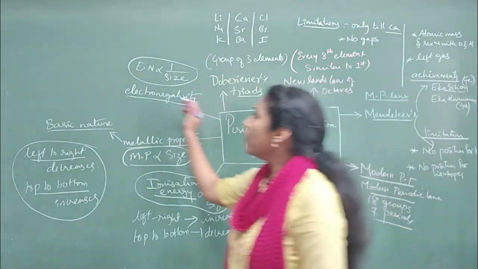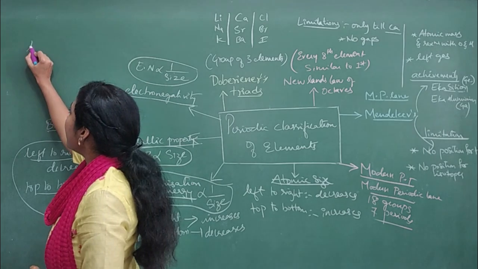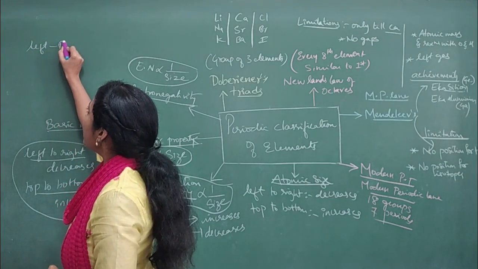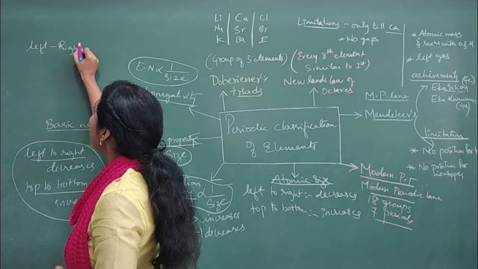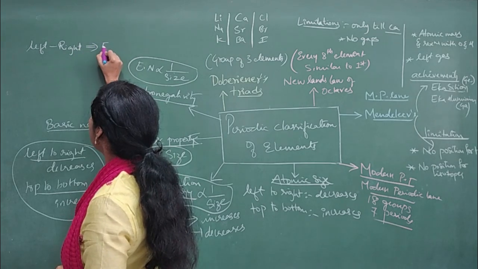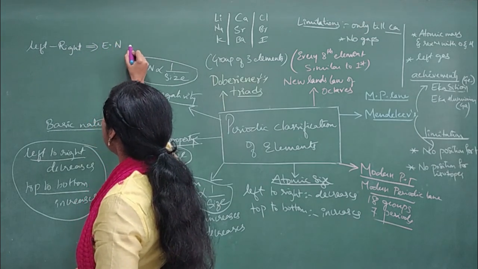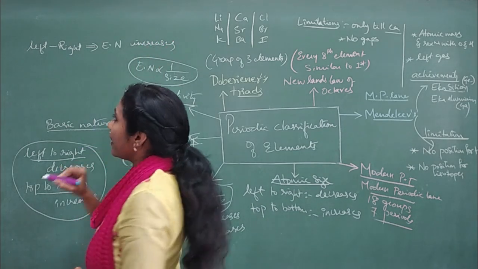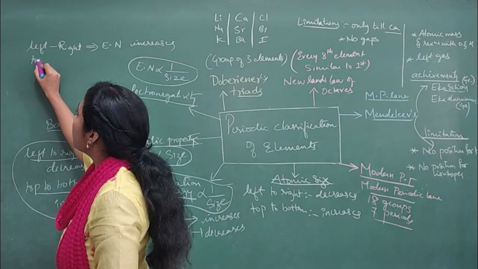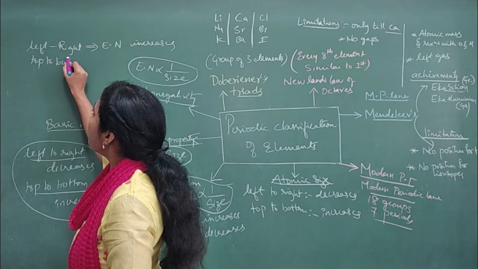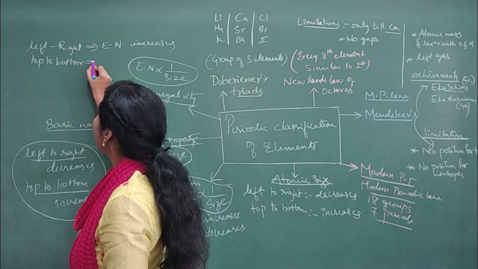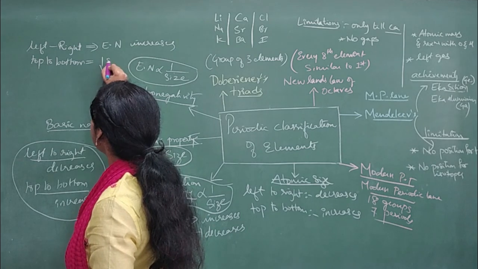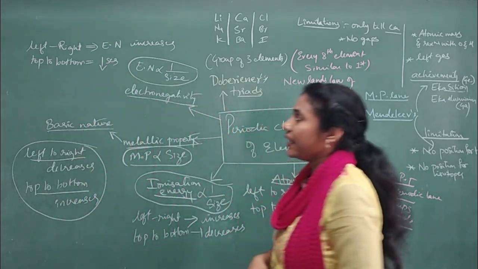So for electronegativity, can you tell me from left to right in a periodic table what will happen? Electronegativity will increase because size will decrease. Top to bottom in a periodic table, electronegativity will decrease because size will increase.